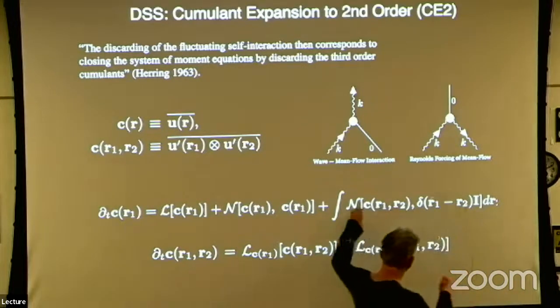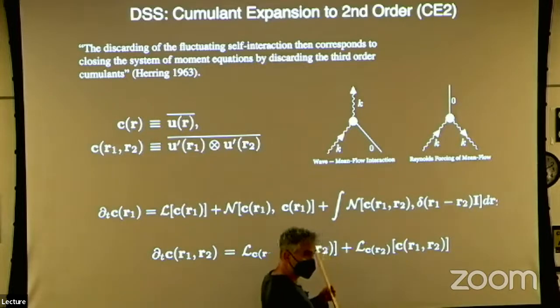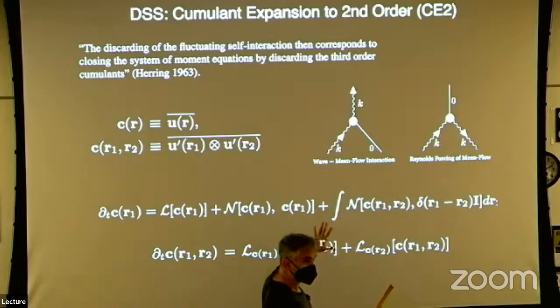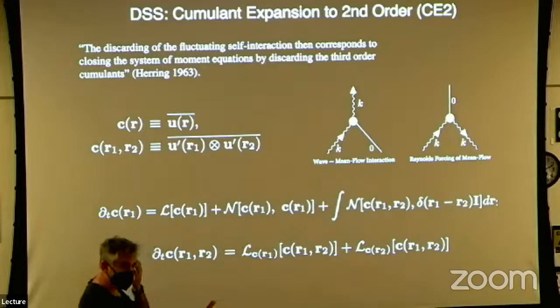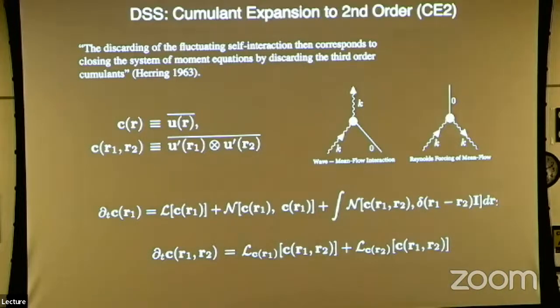So this is a closed system of equations, so we can solve them. These are PDEs. We're not solving for the whole PDF, we're just solving for the low order moments, low order cumulants, sorry.